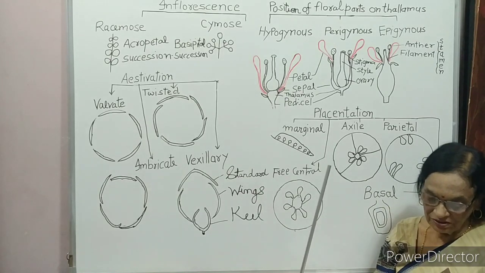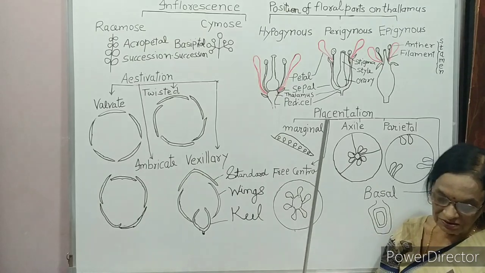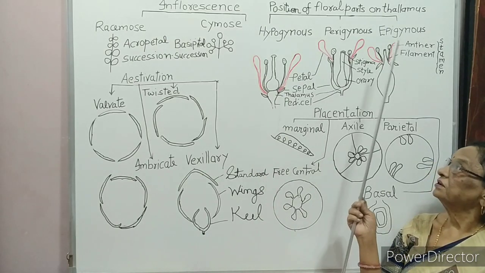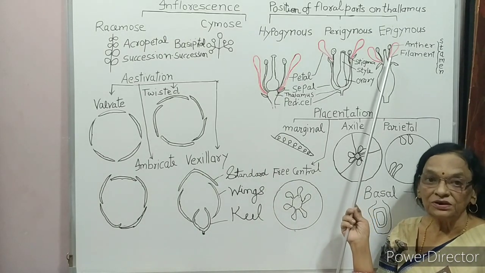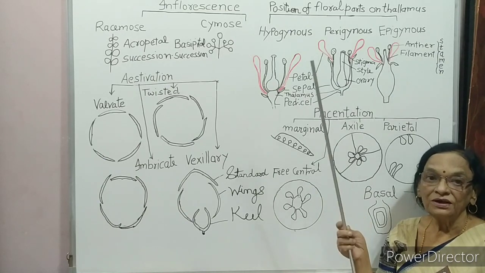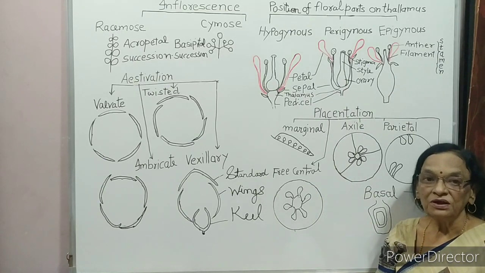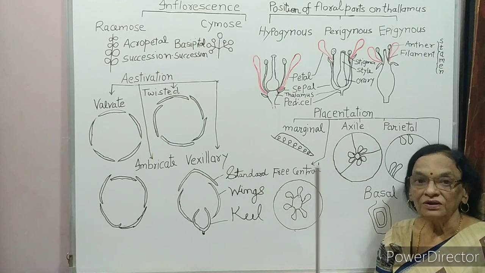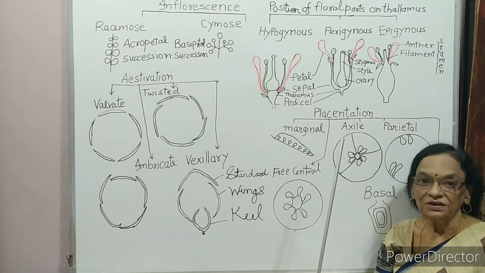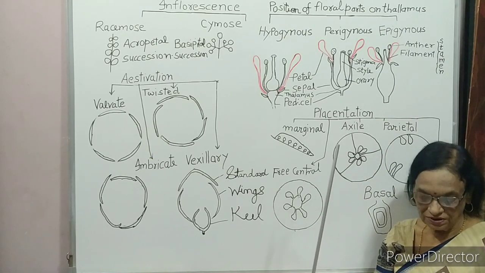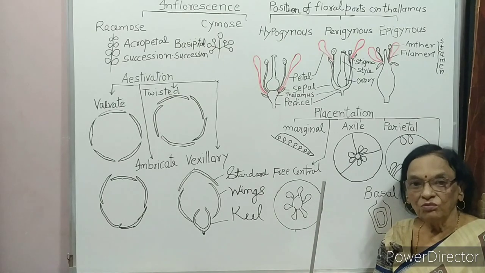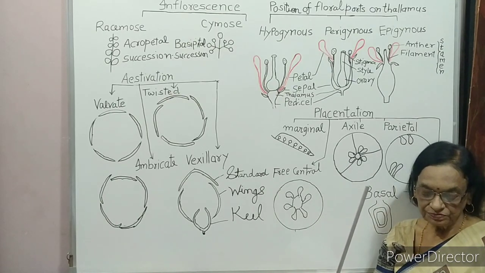According to the arrangement of stamen, it is of 3 types. Monoadelphous: if stamen has only one group, as seen in China rose, it is called monoadelphous.